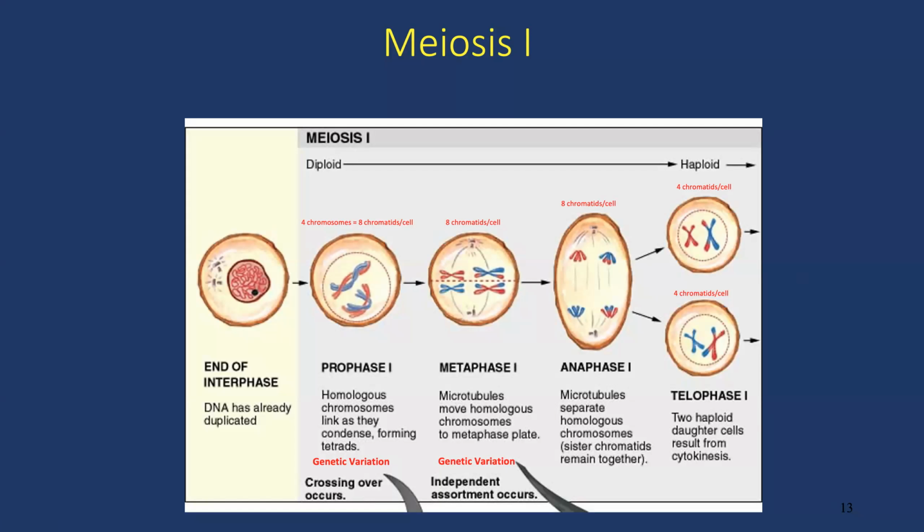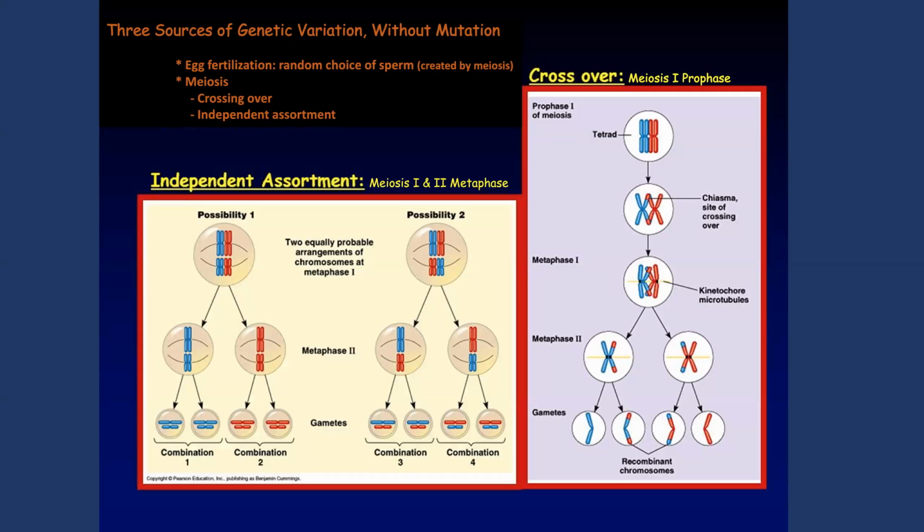So the next cell division, meiosis 2, separates those two chromatids so that they become full-fledged chromosomes. So genetic variation occurs in prophase 1 and metaphase 1. Are there any questions about this before I go on?